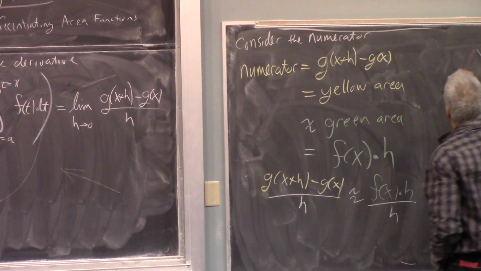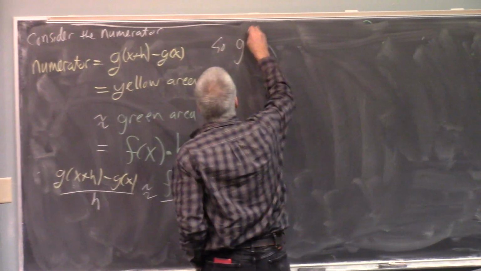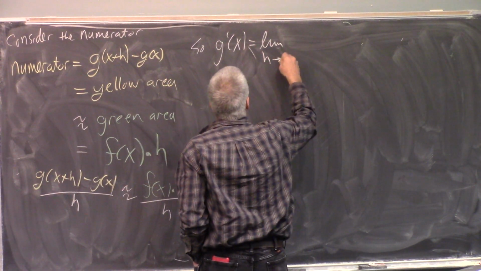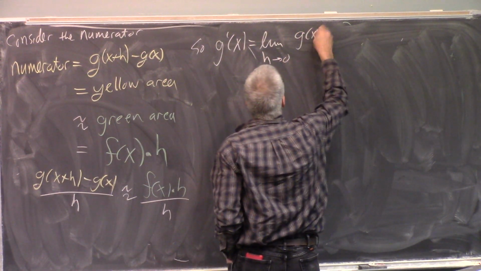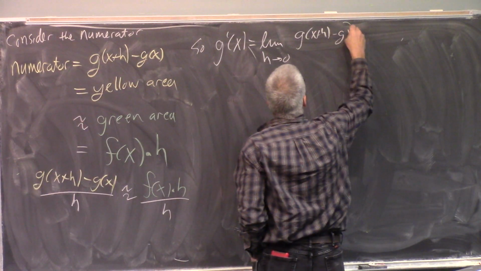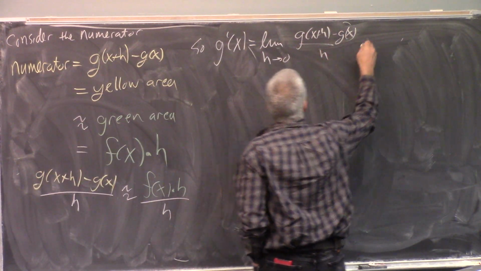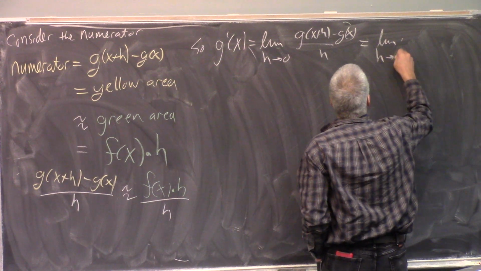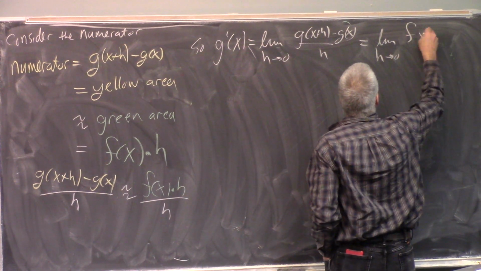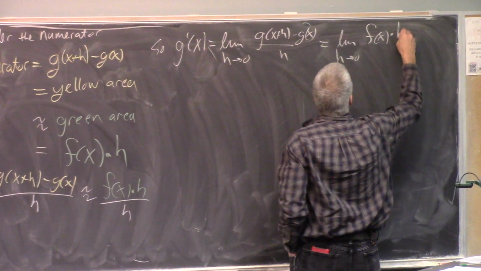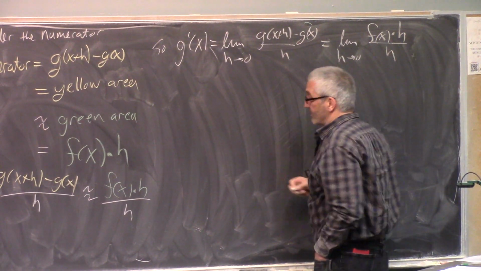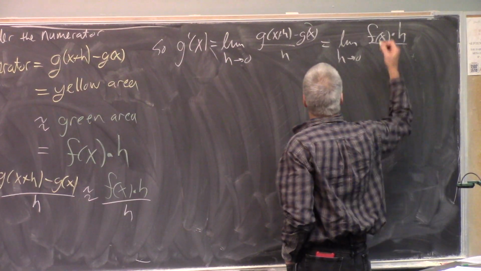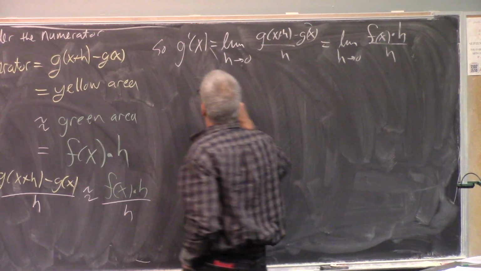So that tells us g prime of x is the limit as h approaches 0 of g of x plus h minus g of x all over h. But that means I'm doing the limit as h approaches 0 of this thing, f of x times h over h. So again, since h is approaching 0, we know that h is not equal to 0, so we can cancel.